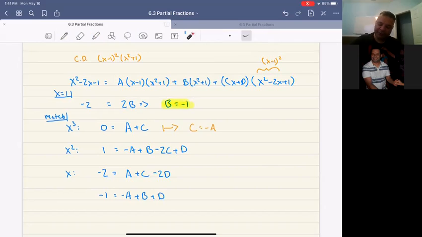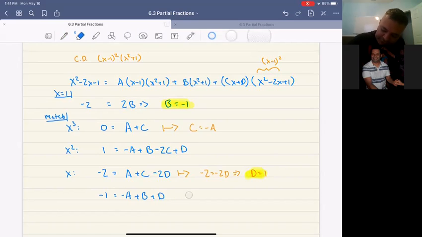So we can go into either here or here. Let's go into here. So we're going to get, well, a plus c is 0, so -2 equals -2d, or d equals 1. Now I can solve this with that.